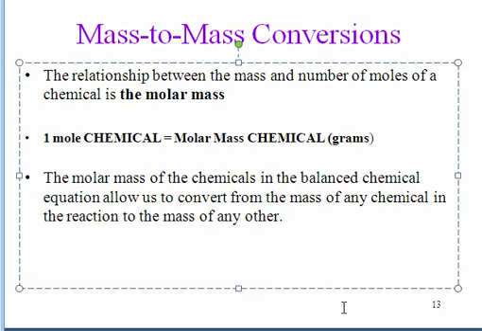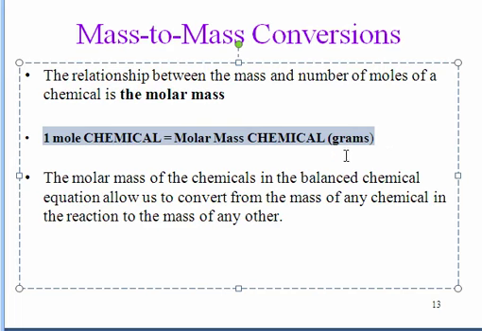Now, the unfortunate part about this is in the lab, we can't count number of moles. All we can do is get the mass of chemicals by using a balance. However, we can relate the mole and mass of any chemical by its molar mass. And we have to calculate the molar mass for each chemical because molar mass depends on composition.